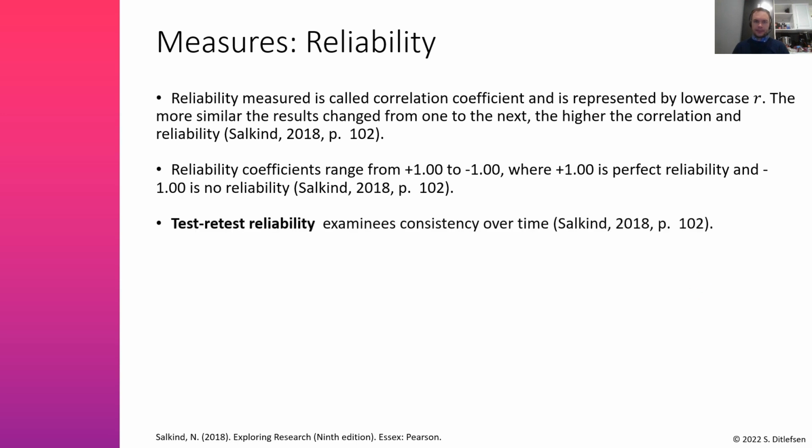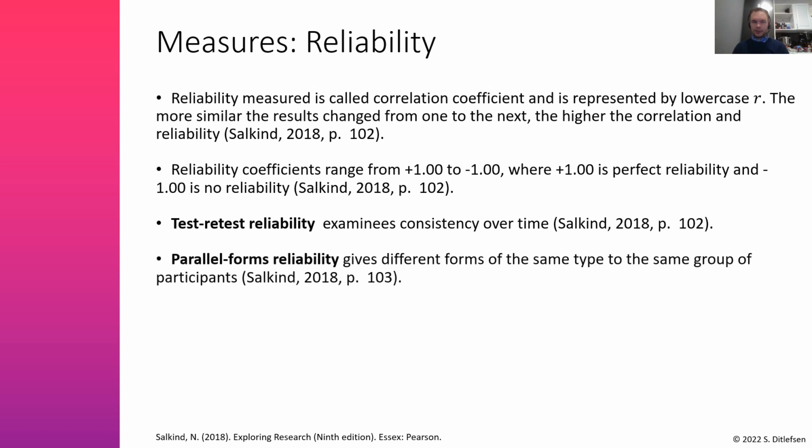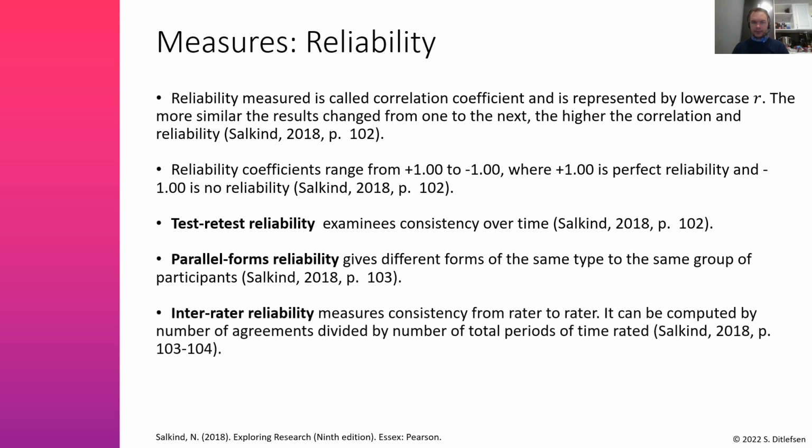Okay, and then we have different methods, and the first one is test-retest reliability, and that examines consistency over time. We have parallel forms reliability, and that one gives different forms of the same test to the same group of participants. We have inter-rater reliability, which measures consistency from rater to rater.